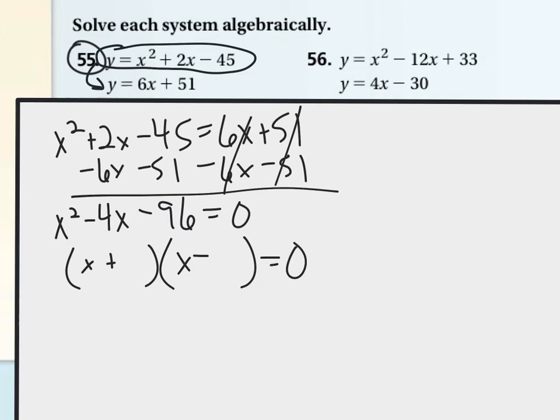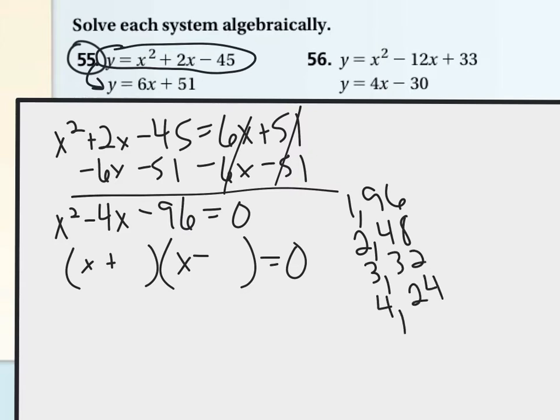If you try and think of some close factors, obviously 1 and 96 isn't going to be real great. 2 and 48, 3 and 32, 4 and 24. We're getting a little bit better now. 6 and 16, 8 and 12.